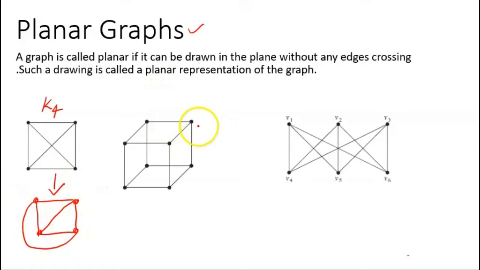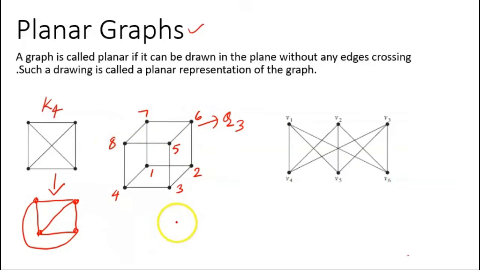Now if you look at this graph, I hope you all remember that this is the 3-cube graph, or Q3, and I can draw its planar representation. But before I draw it, let us quickly name the vertices for our convenience. Suppose I call this vertex 1, vertex 2, vertex 3, vertex 4, vertex 5, vertex 6, 7 and 8.